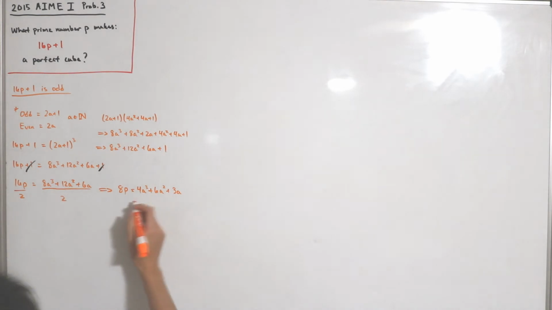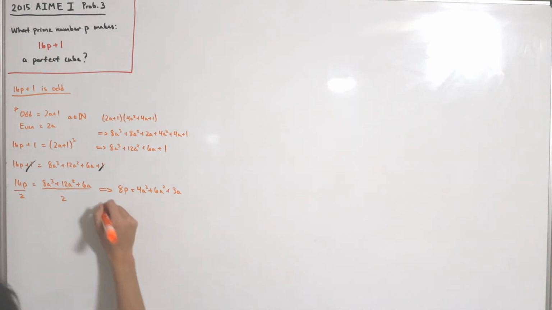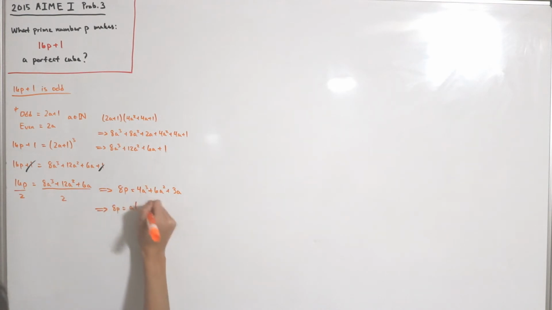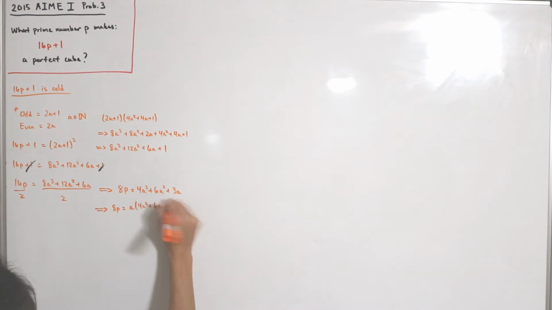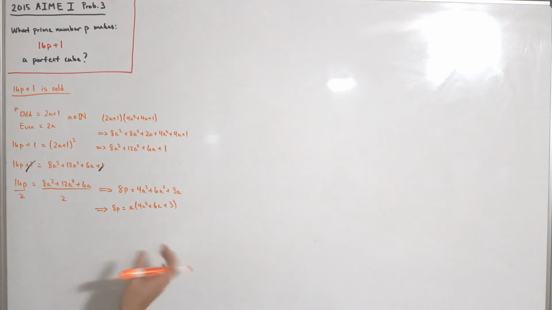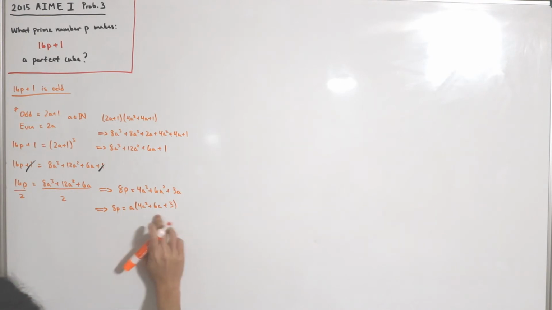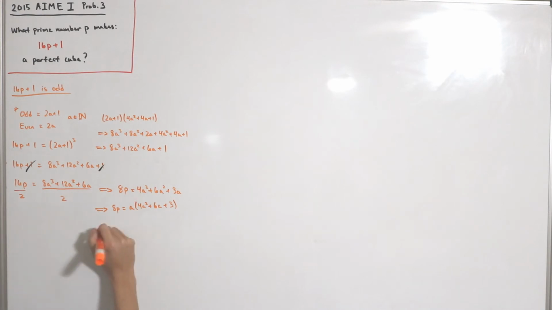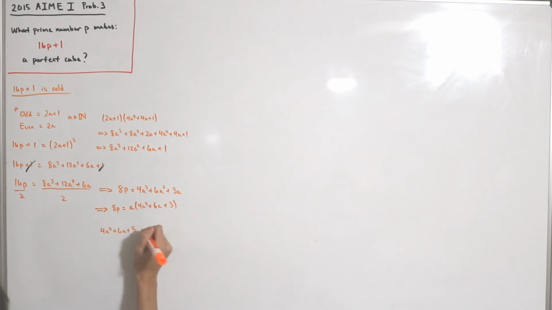And now how about I factor out an a from the right side of the equation. So we get 8p equals a times 4a squared plus 6a plus 3. Okay, so far that's what we have with our equation over here. So let's pay attention to the inside expression, 4a squared plus 6a plus 3.